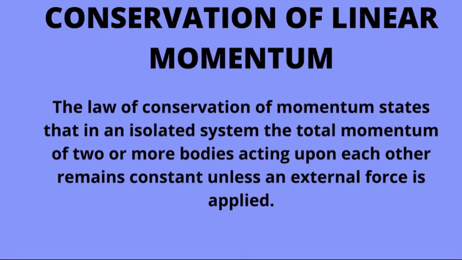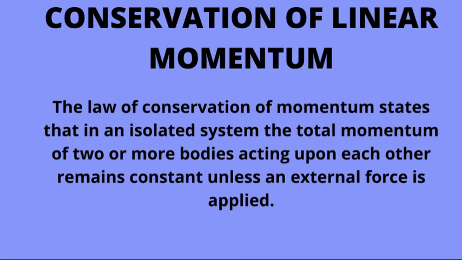And then we'll talk of conservation of linear momentum. Conservation of linear momentum states that in an isolated system, the total momentum of two or more bodies acting upon each other remains constant unless an external force is applied. In other words, momentum, we said, is the mass times velocity of a body.